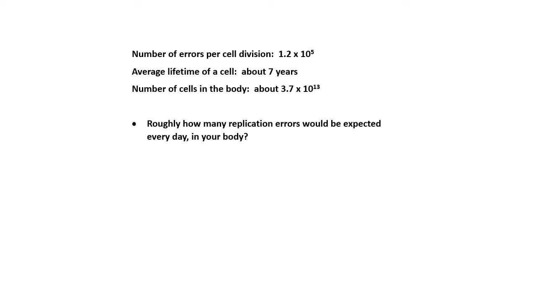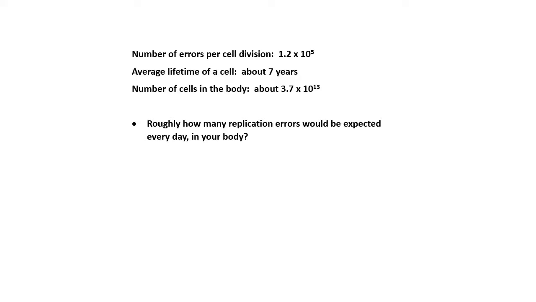The average lifetime of a cell, you can get this figure of about 7 years. That number is hugely variable. For some cells, it's much shorter than that. For a red blood cell, it's only a couple of months. For some cells, it's much longer. So that's an enormously variable number, but it's commonly quoted as a sort of average lifetime of a cell.